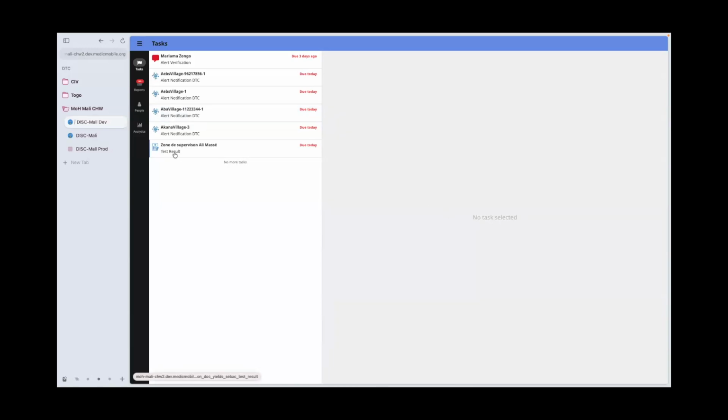He will have the test result that he can fill as soon as he has the result. So once he verifies the alert and gets the result at his level, if he can do it, or at the upper level, the district, he will fill this form.